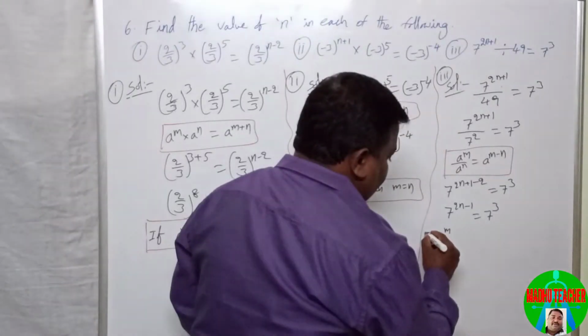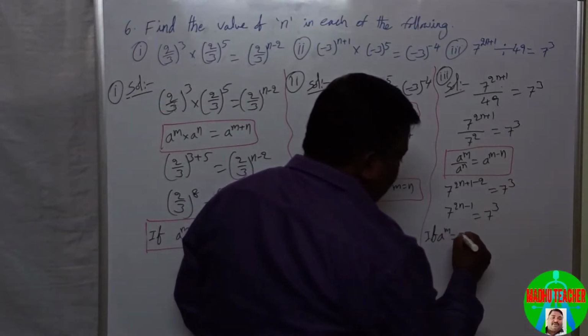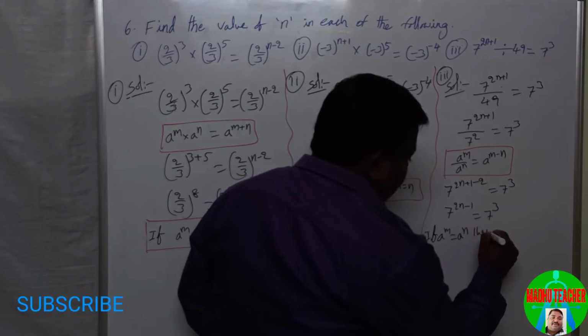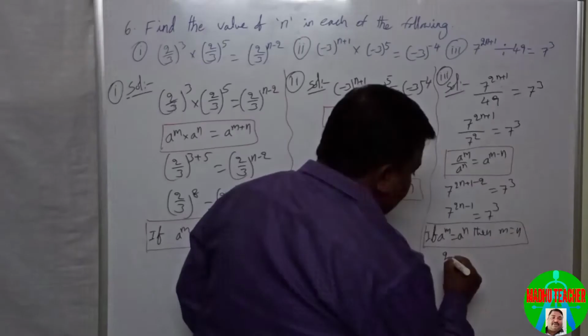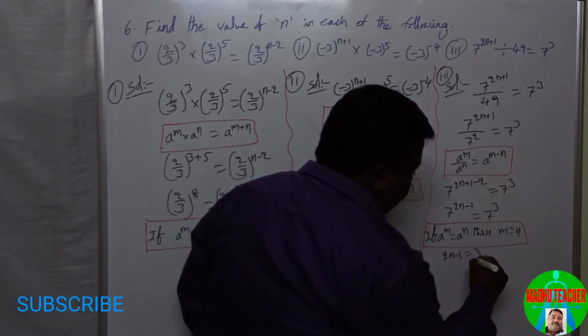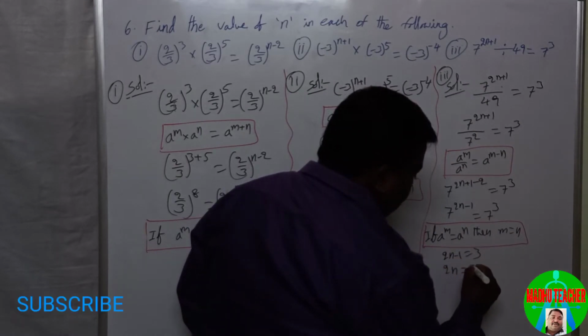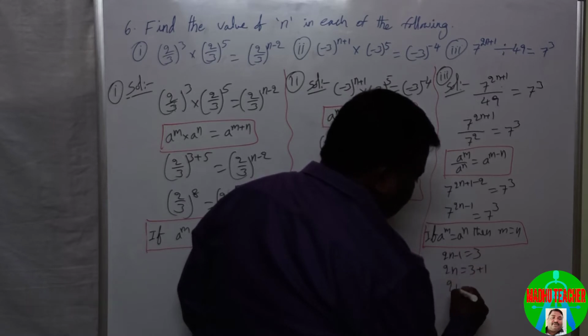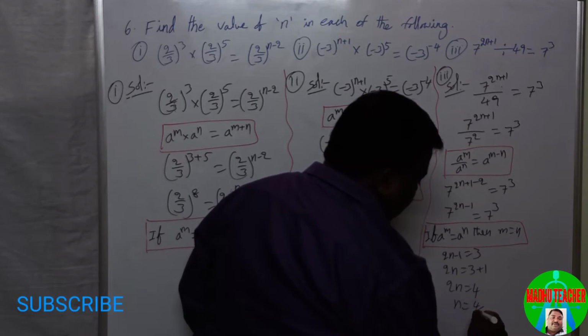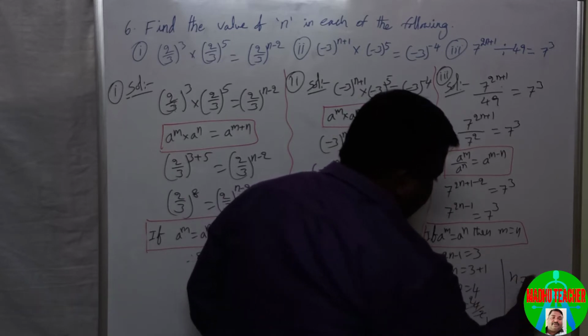If a to the power of m equals a to the power of n, then m equals n. Therefore 2n minus 1 equals 3. 2n equals 3, taking minus 1 to the right side, plus 1, 2n equals 4. Then n equals 4 by 2. 2 ones are 2, 2 twos are 4. Therefore n equals 2.